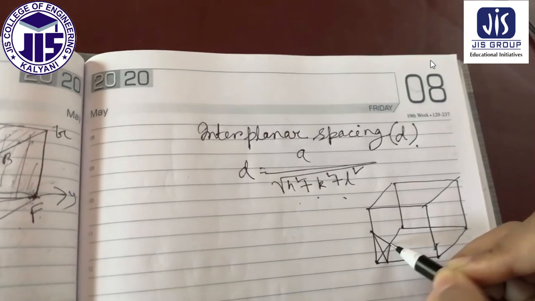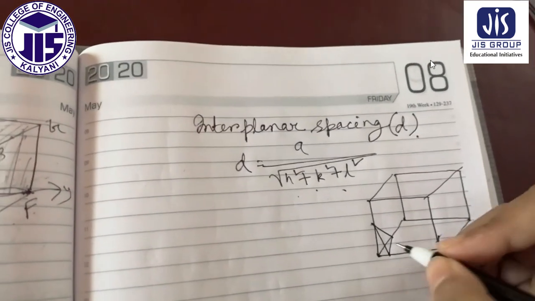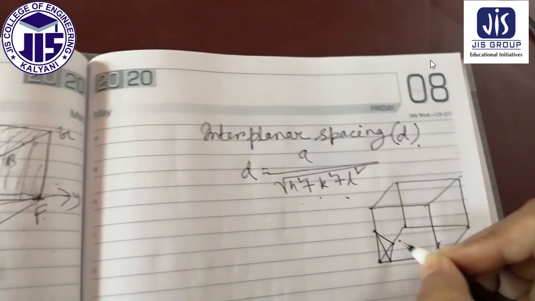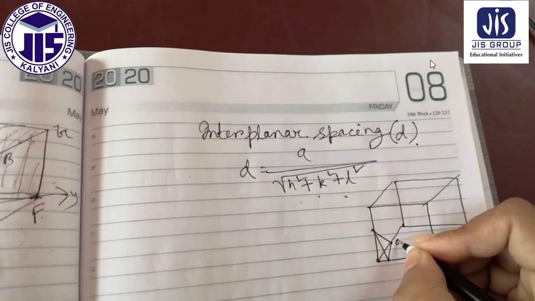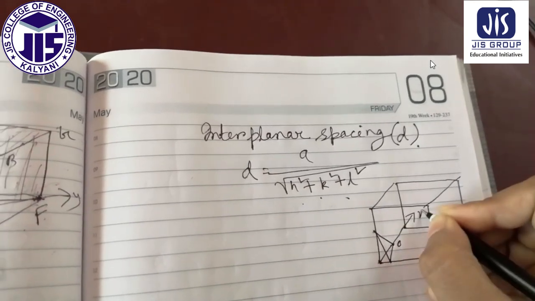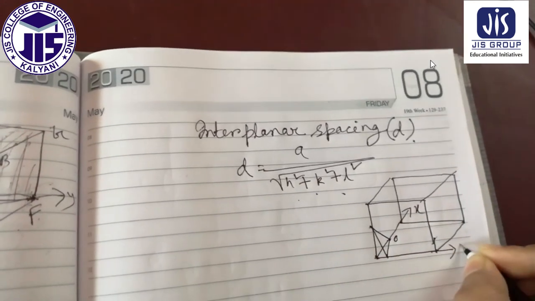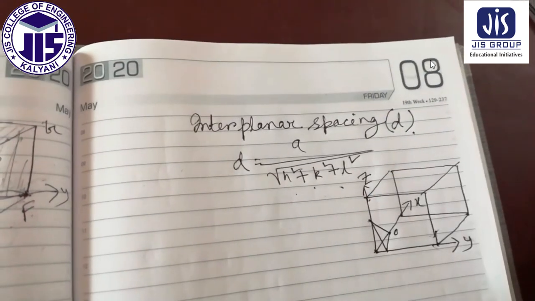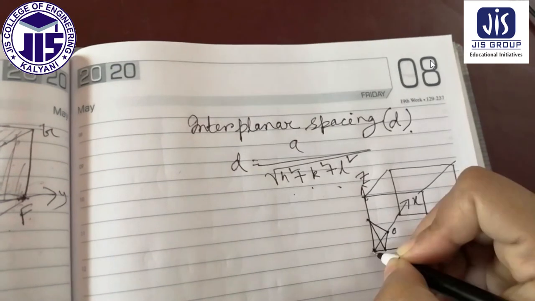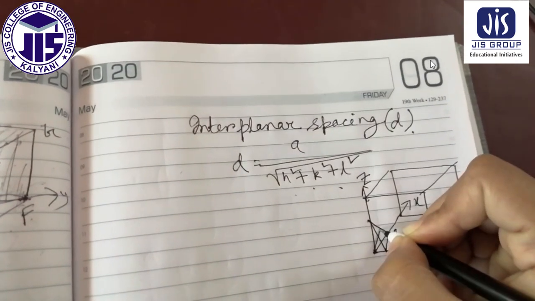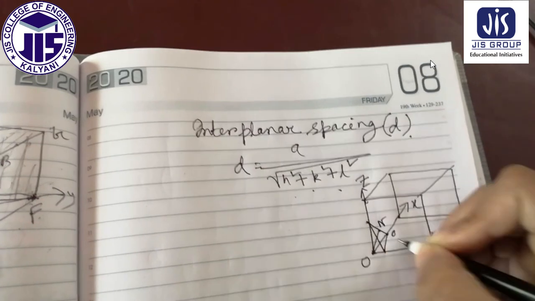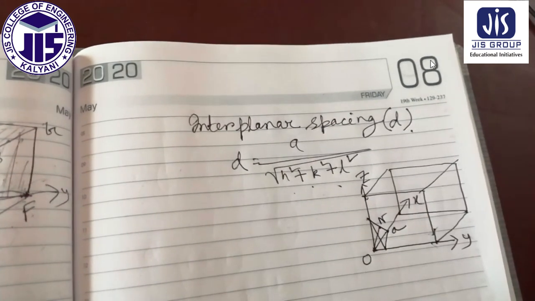This is the x-axis, this is the y-axis, this is the z-axis. Now, if we consider ON, this is O, this is A. So this is the figure.